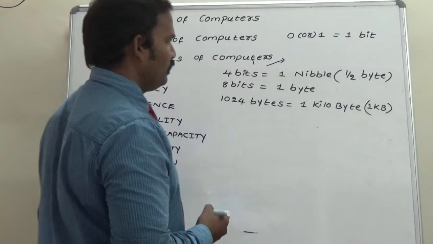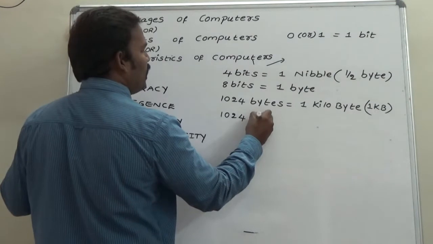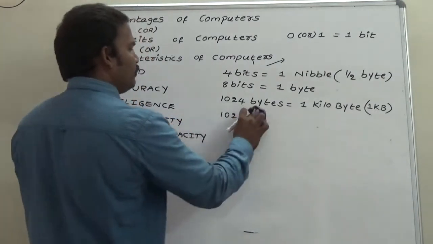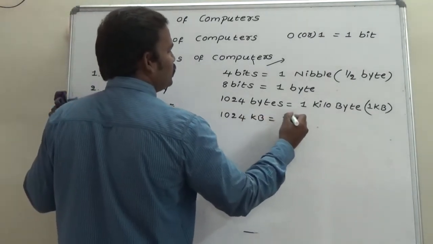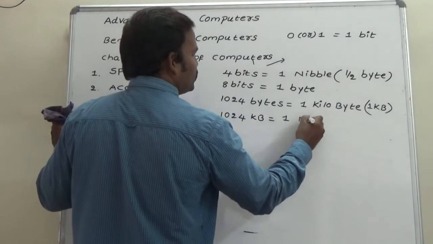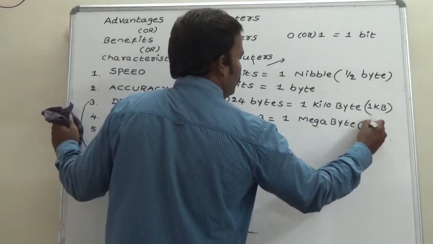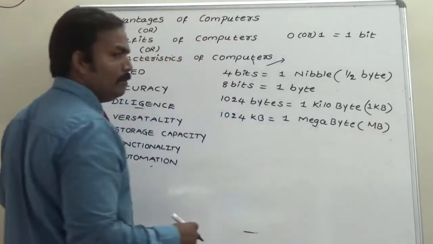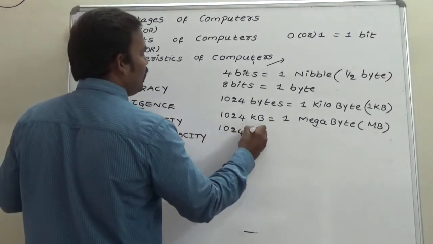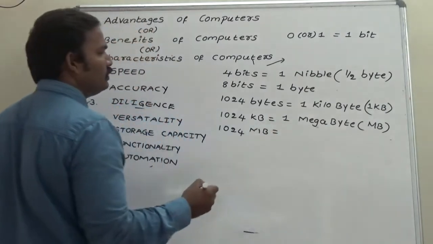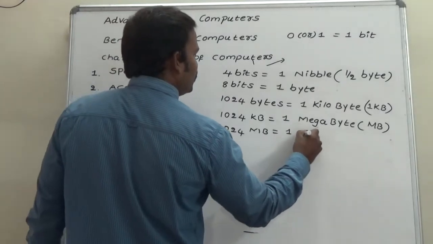Next, 1024 kilobytes is equal to 1 megabyte, short form MB. Next, 1024 megabytes is equal to 1 gigabyte.